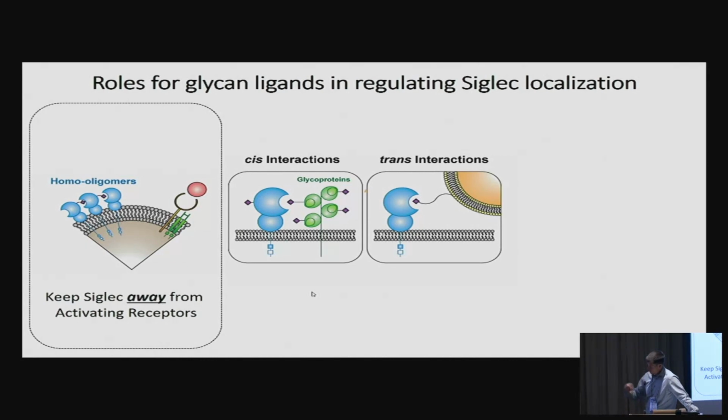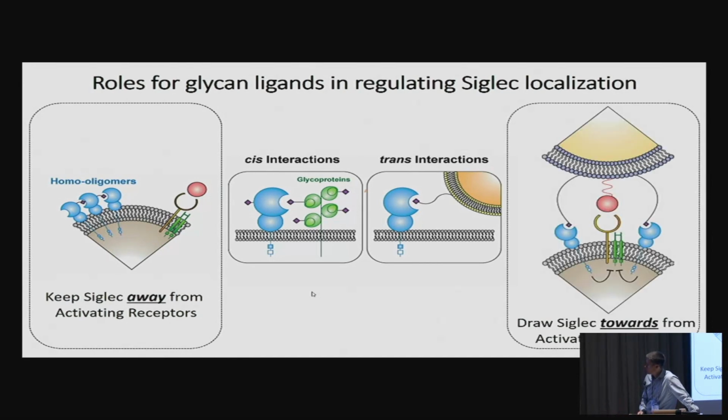So, in general, interactions with cis ligands keep the siglec away from the receptor that they regulate. Again, that's a bit of a generalization, and there may be exceptions, but this is one way to think about how siglecs function. An interaction in trans with another particle, another cell containing a ligand, will naturally bring the siglec together with a receptor in the context of an immunological synapse.